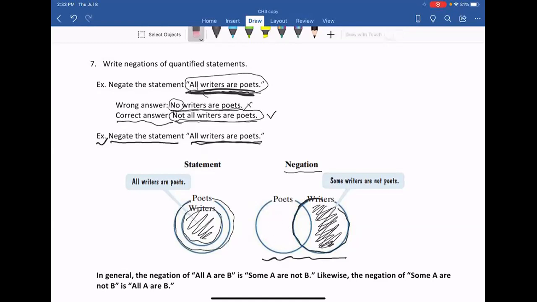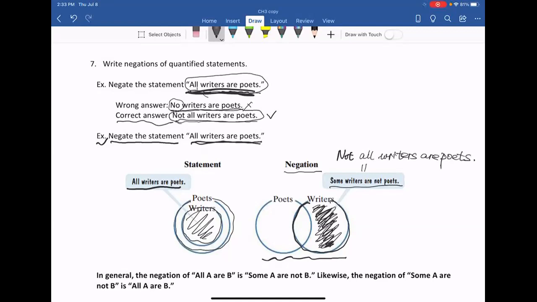So I drew one Venn diagram here, and then you will see some of the writers are not poets. It's a negation of all writers are poets. So this sentence is equivalent to not all writers are poets.